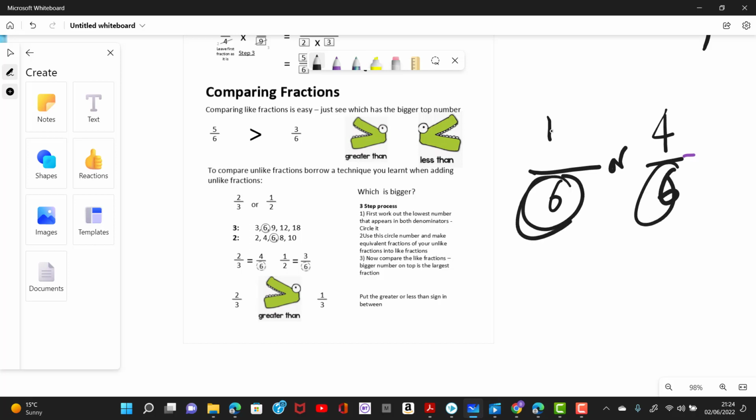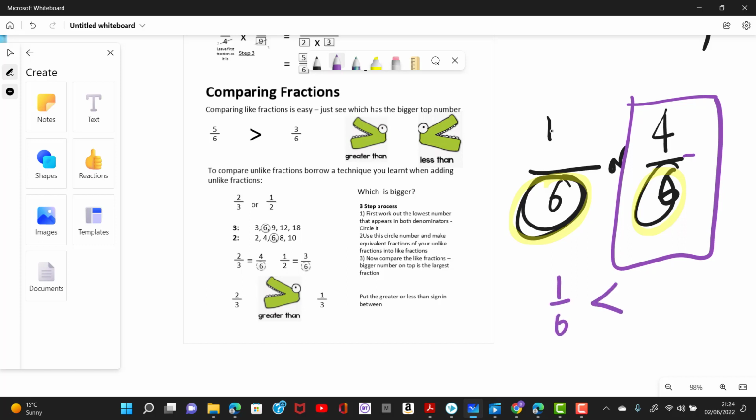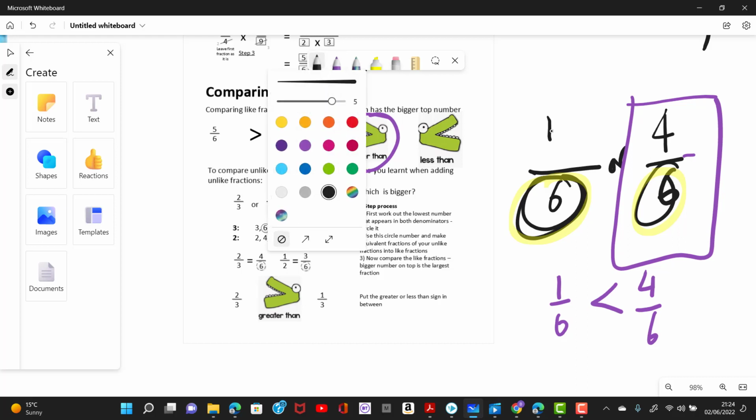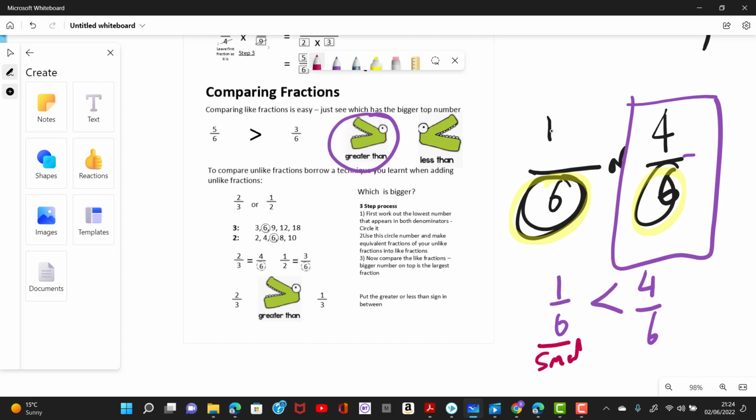All we've got to do is see who's got the higher top number. This one's got the higher top number, so this will be bigger. So 1 over 6 is smaller than 4 over 6. Notice the crocodile always eats the bigger number, and the arrow points to the smaller number.